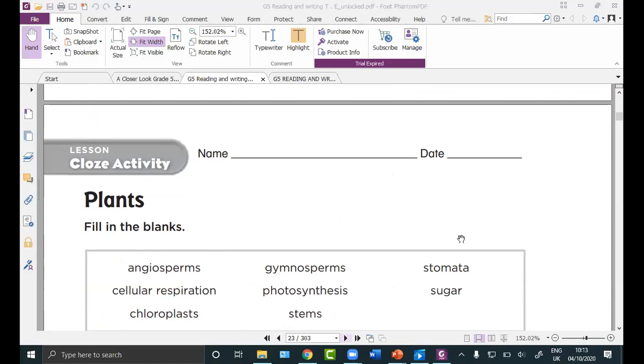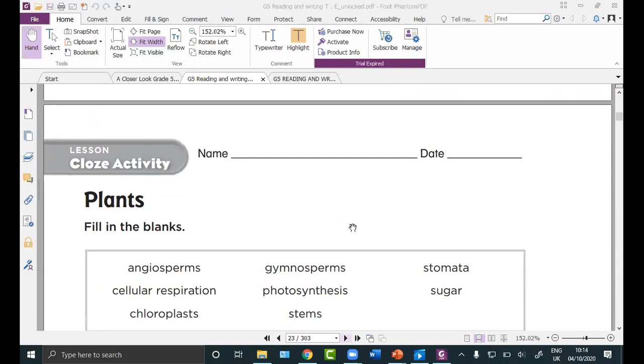Page 16. I'll choose. Yes, Mahmoud Saif. Okay. Read. Seed plants can be divided into two main groups.